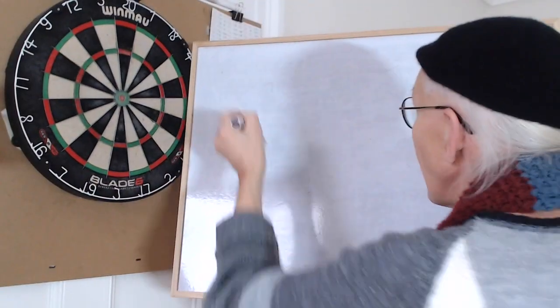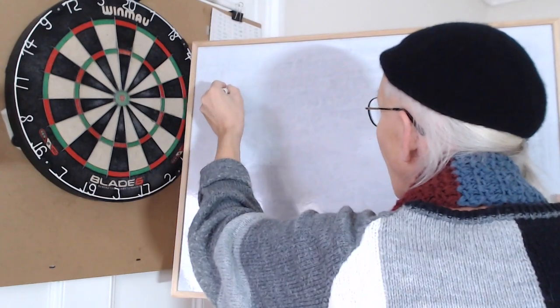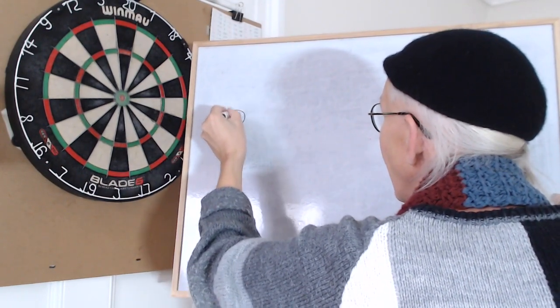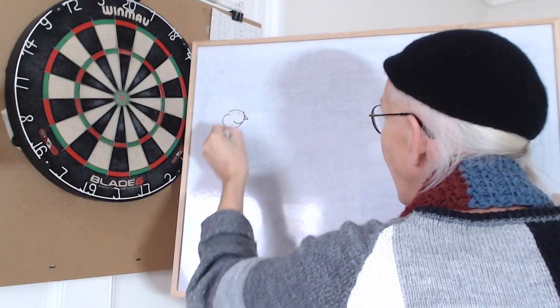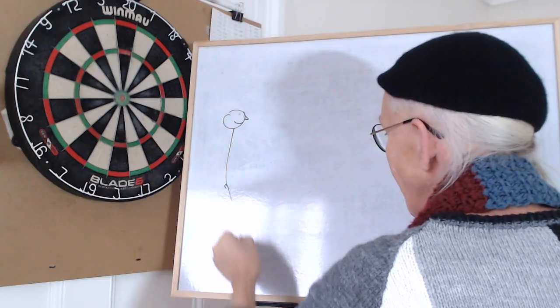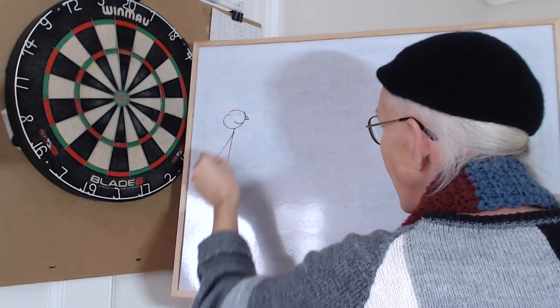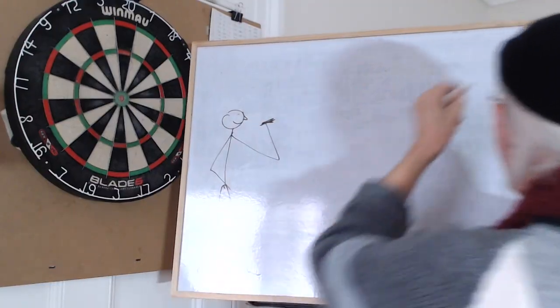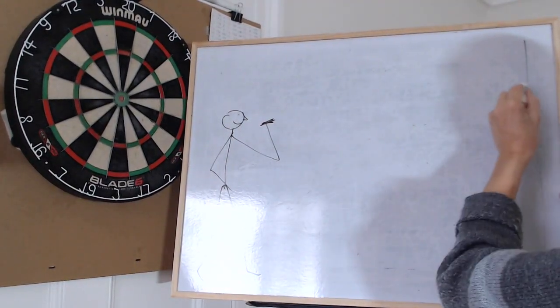Let's just set up our friend really quickly here. So we've got our pal who is always smiling. There he is. His nose has got a little bit bigger. So he's throwing his dart. Over here is the dartboard.